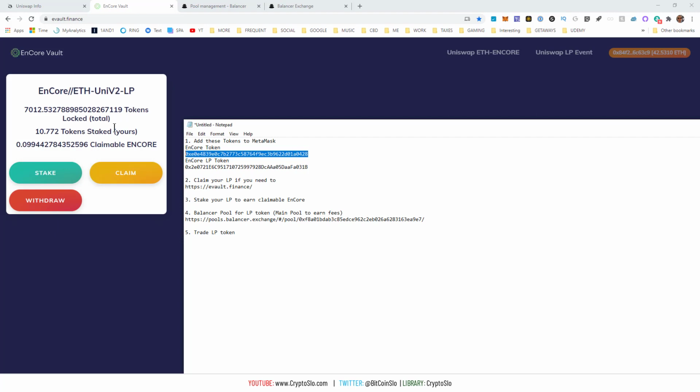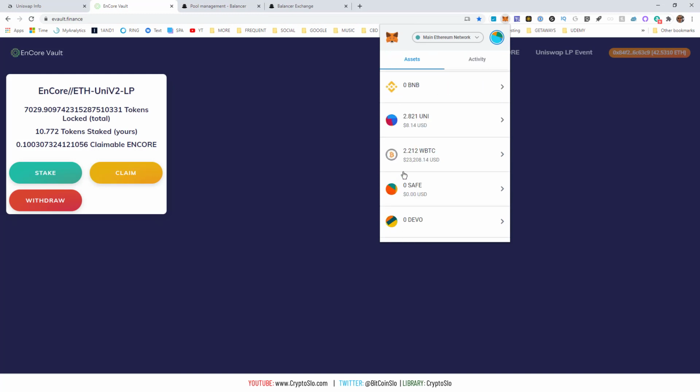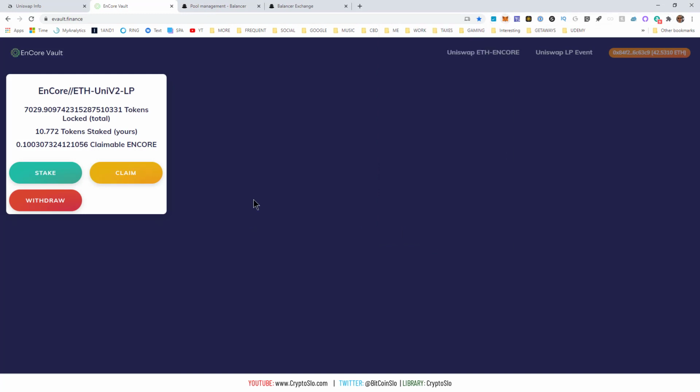Repeat, cannot remove your liquidity from Uniswap, but what you can do is trade the actual LP token, because the actual liquidity is still in Uniswap. You're just transferring ownership from one person to the other and trading it for ETH. So go ahead and add Encore to your wallet as well. Assets, custom token, add token, boom.